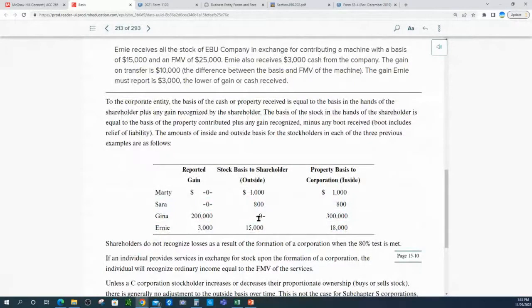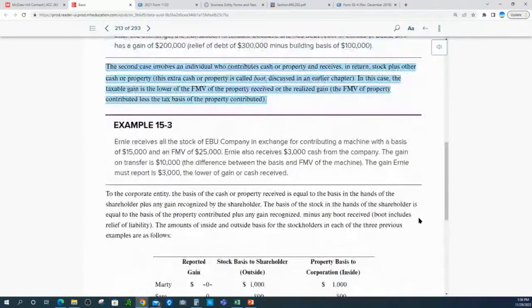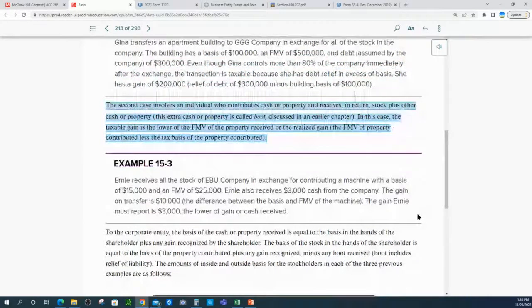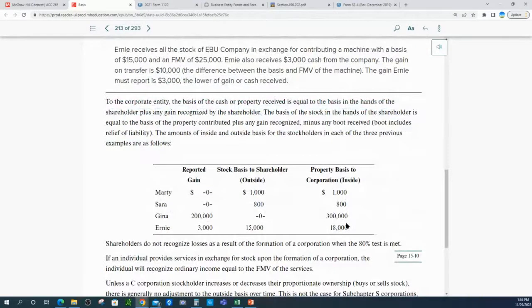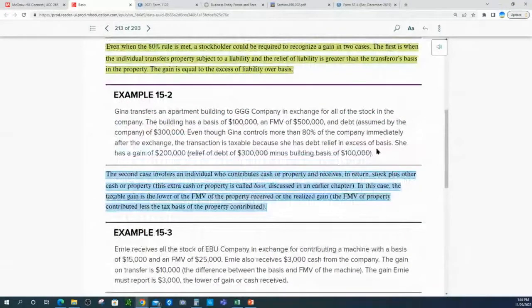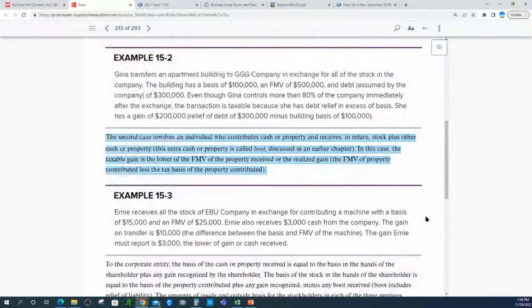We can't go below 0 on basis, remember? So it's 0. And then the basis to the corporation of that property is the $300,000, the amount of debt that was assumed by them, because now they've got to pay that 300,000 off.